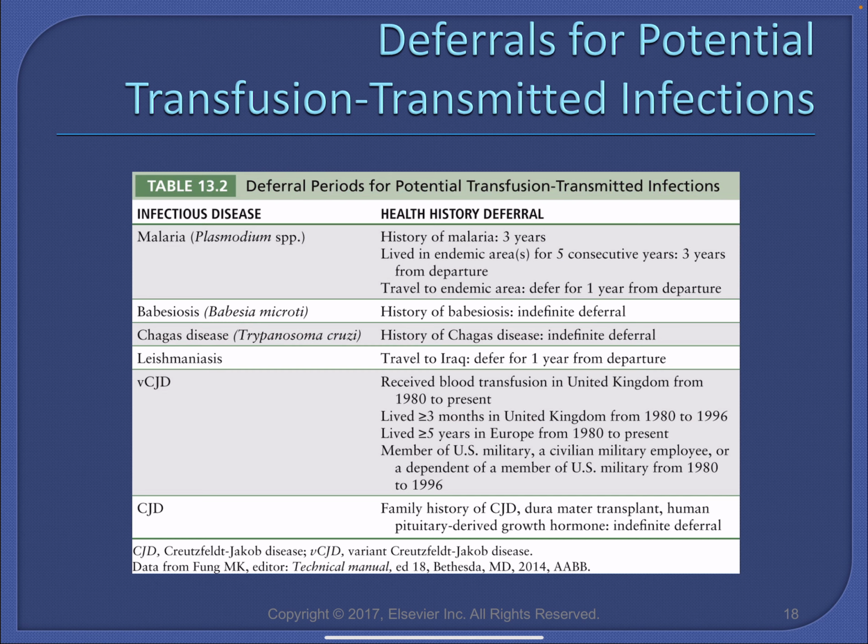Malaria, and Creutzfeldt-Jakob disease, CJD. There's no screening test for that, so we have to ask those questions so that we don't miss any of that. It's a screening method for potentially transfusion transmitted diseases. It's required, and travel information, immigration information from endemic areas, and questions about potential exposure through travel are really the only ways that we can find out whether there's a big potential for transfusion transmissible diseases.